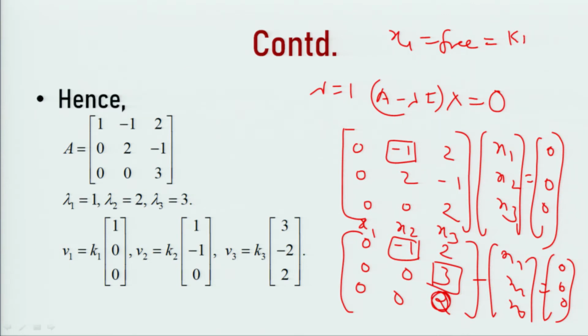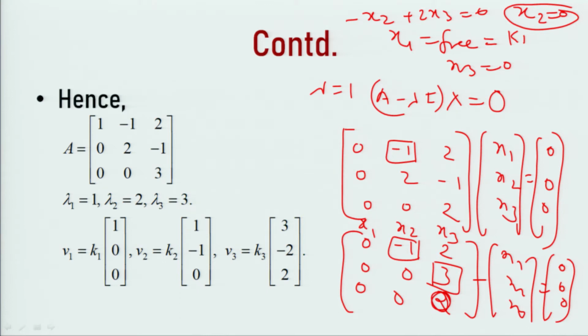Then see this system of linear equations: 3 times 0 x1 plus 0 x2 plus 3 x3 equal to 0, it means x3 equal to 0. Now, use the first equation: 0 x1 minus x2 plus 2 x3 equal to 0, it means x2 is also 0 because x3 is 0.